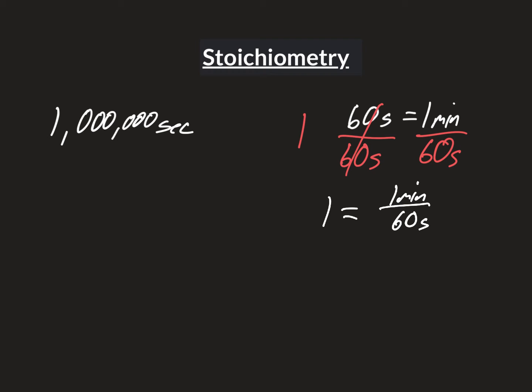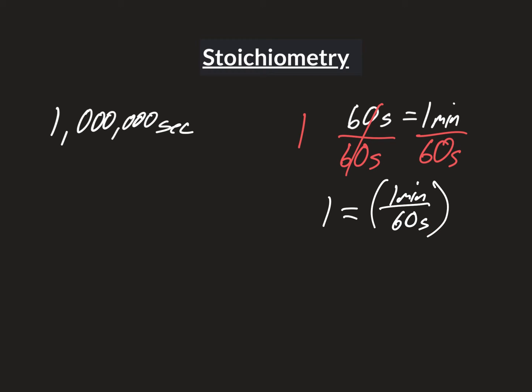So since this is equal to 1, then you can essentially multiply this by 1, and you still have the same value. You're just going to be changing the units. And that works out really well because you can see we have seconds on bottom and minutes on top.